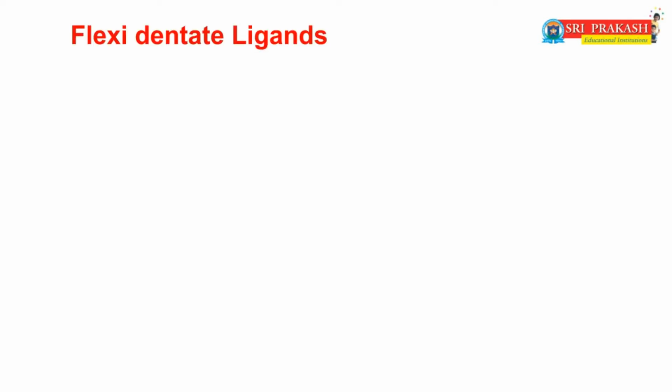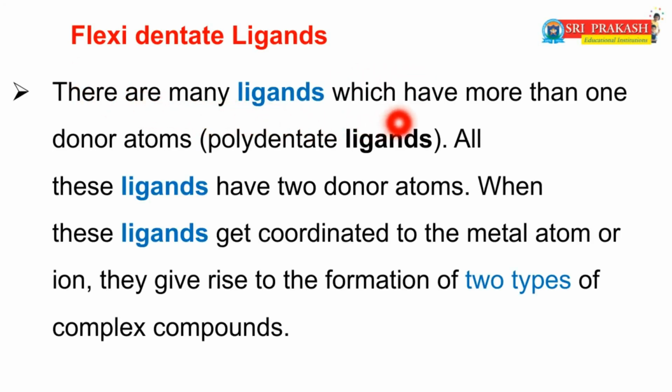Now we will discuss the last type of ligands, those are flexidentate ligands. There are many ligands which have more than one donor atom. That means polydentate ligands.